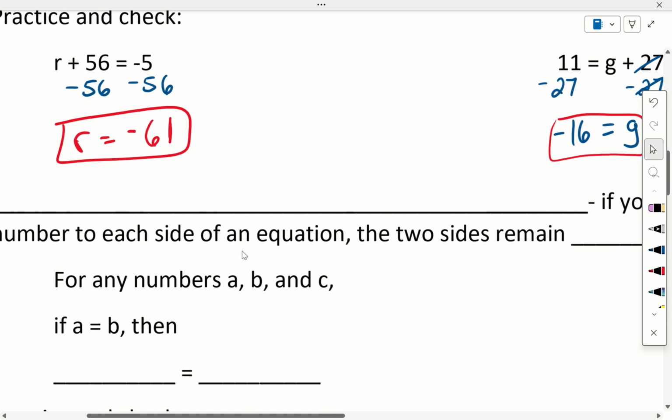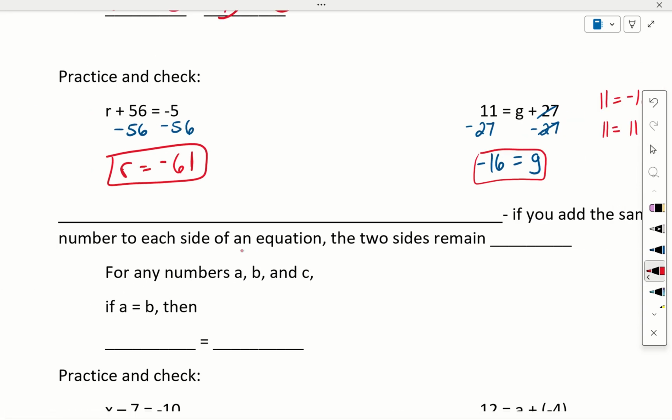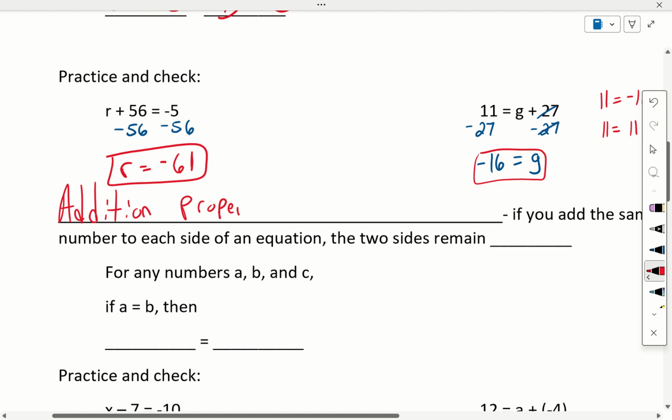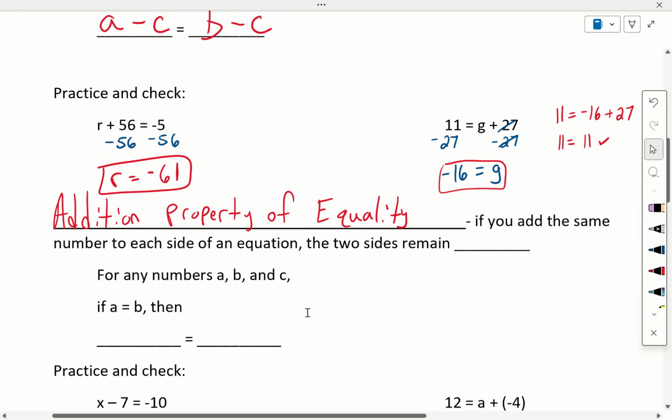All right. We also have something called the addition property of equality. Make that a capital E. If you add the same number to each side of an equation, the two sides remain equal.